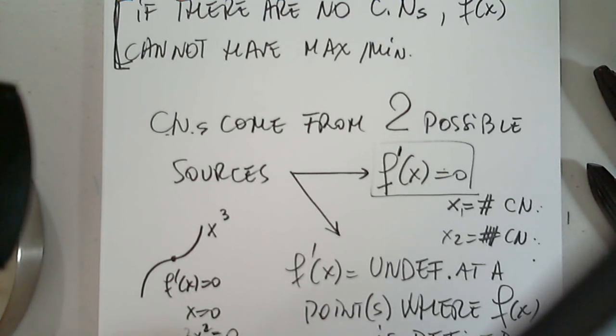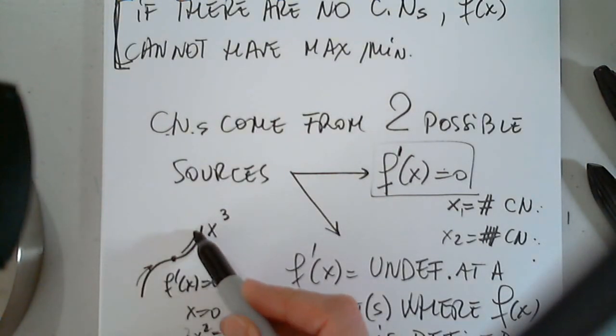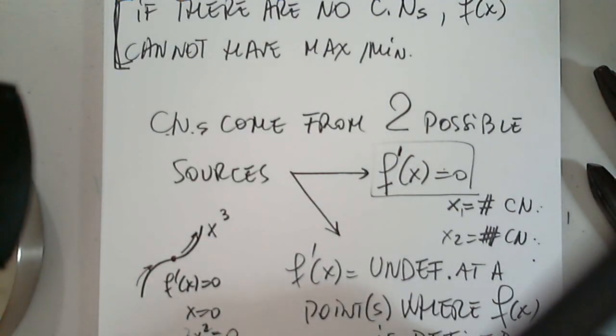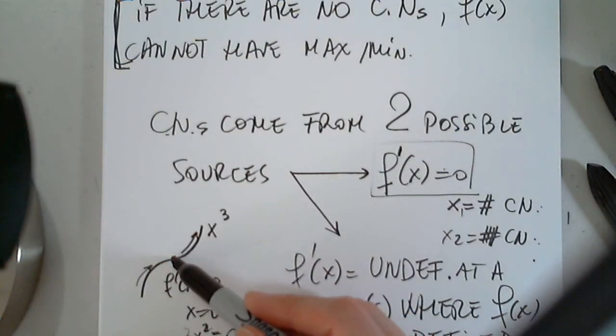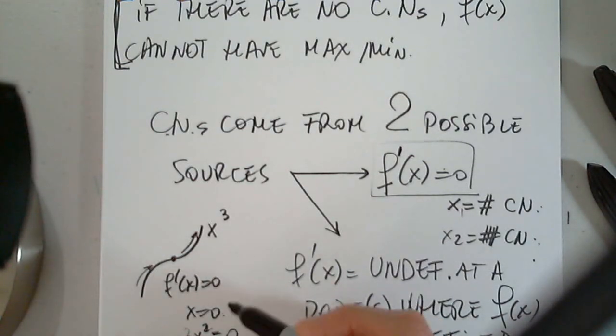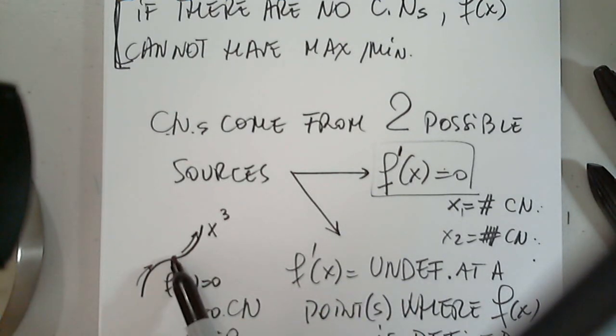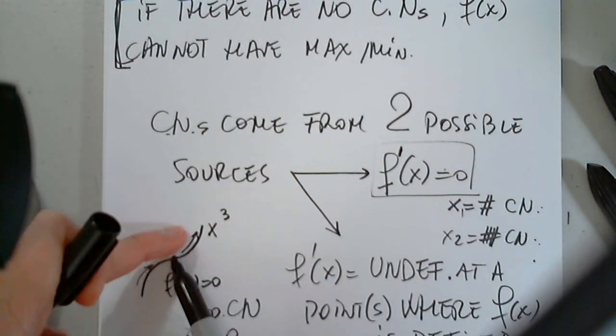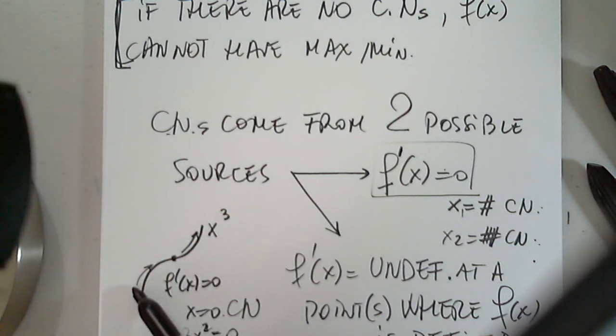So x is 0, and that will be a critical number. Look what happens. The derivative doesn't change sign. So x equals 0, although it is a critical number, will not turn into a max or min because the function is always increasing. It's not increasing and then decreasing to create a max here. So critical number, but no max or min.